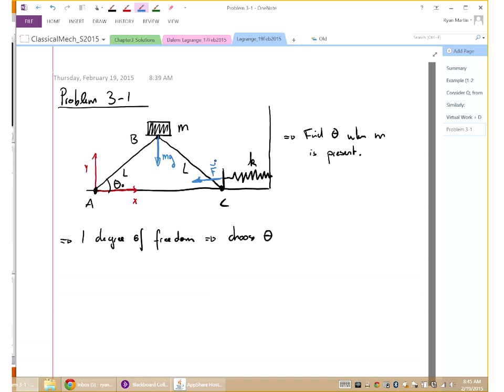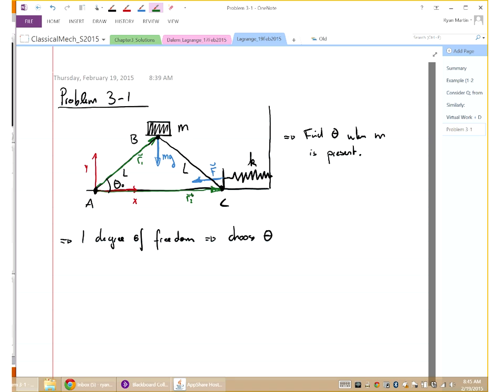So that we can apply the principle of virtual work and get that delta R term. If I say the weight of mass m, call that F1, is applied at position vector R1, and the force from the spring, we'll call it F2, is applied at position vector R2.